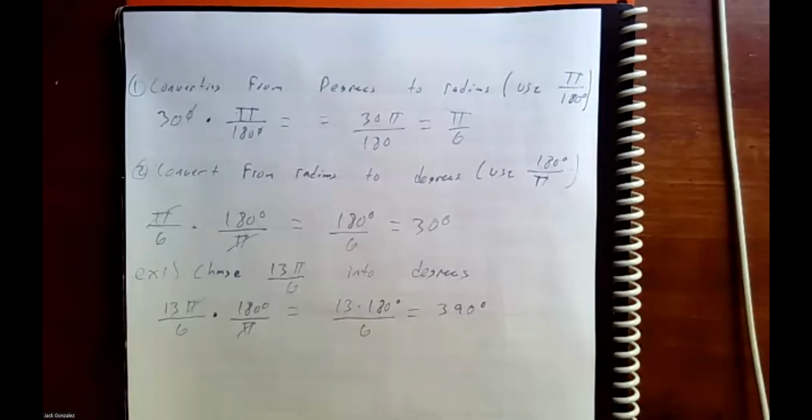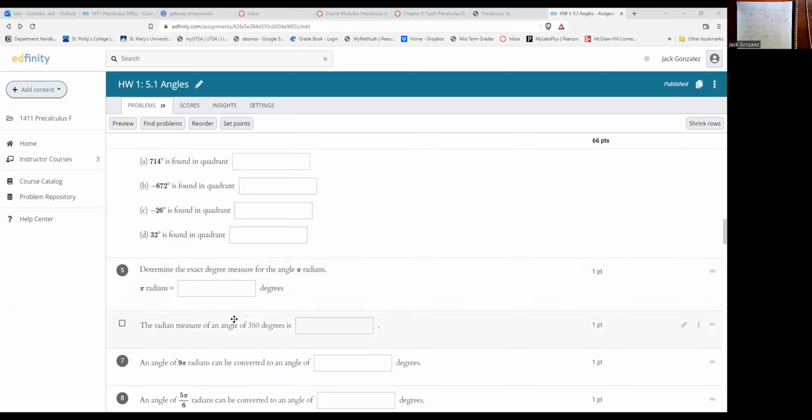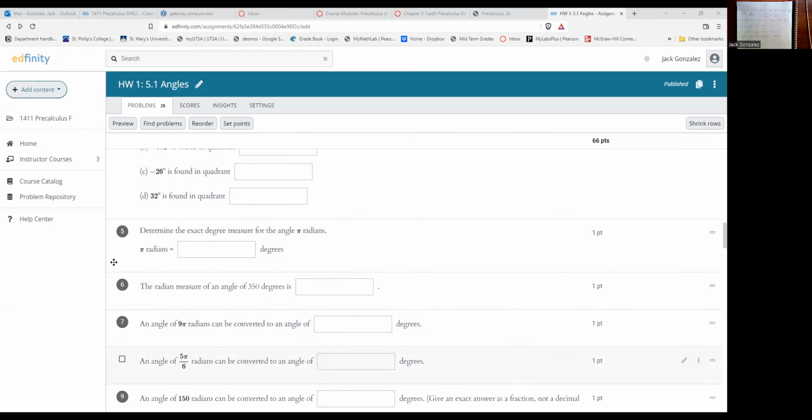All right, let's look at this. This one makes a lot more sense when you start working on it. It's not too many notes to write. Pi radians. You could do conversion, but pi is equal to 180 degrees.